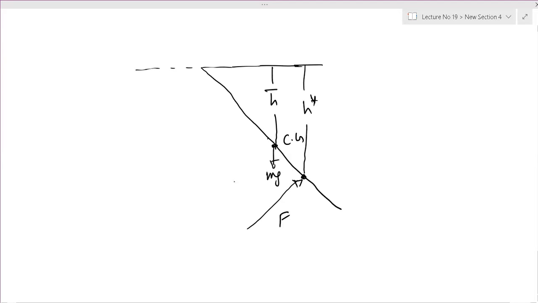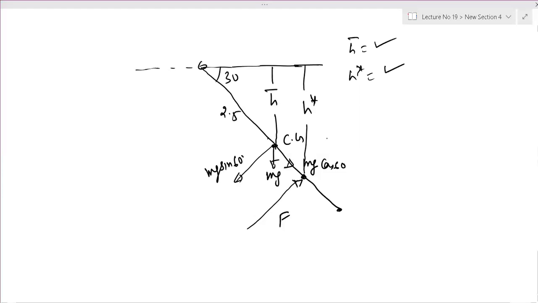One component is mg sin 60 degree, because this is 30, and the other component of mg is mg cos 60. This is your O. This total is 5 meter, so half of it is 2.5, no issue. H bar we know, h star we know.